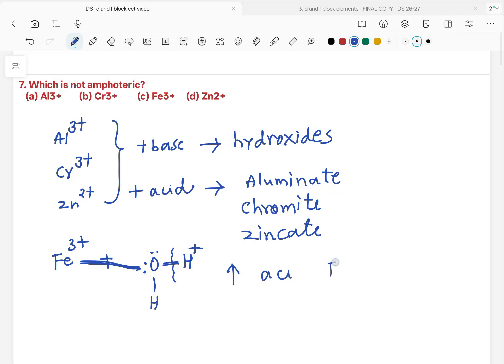So Fe(OH)3 is highly acidic in nature and weakly basic here. As it is weakly basic, it cannot react with another acid as it is highly acidic. So in our options, Fe3 plus is not amphoteric, the rest all are amphoteric in nature.